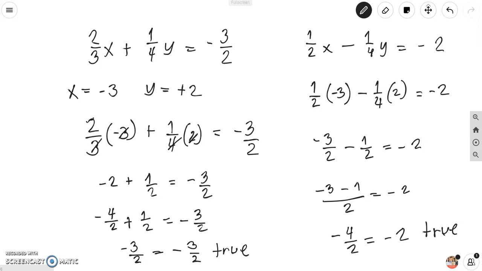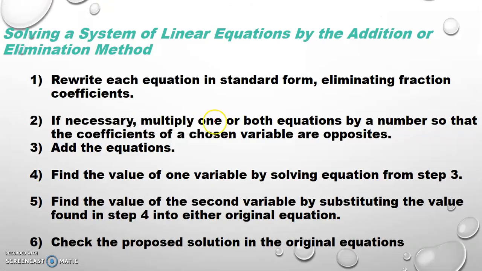So to summarize, we have the method of elimination. First, rewrite each equation in standard form, eliminating fraction coefficients. If it is a fraction, we can find the common multiple, or common denominator, so that it becomes a whole number.